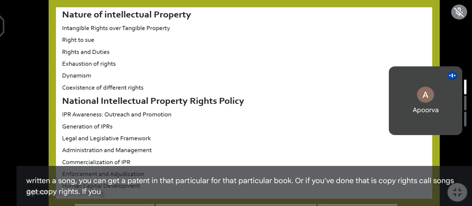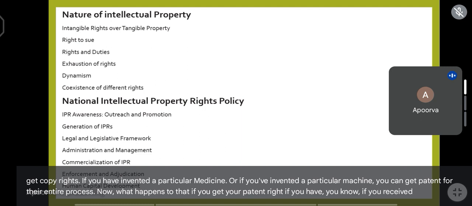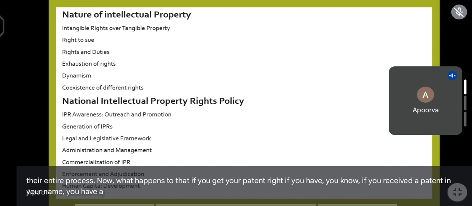If you have invented a particular medicine or a particular machine, you can get a patent for the entire process. Now, what happens if you get your patent right? If you've received a patent in your name, you have a right to sue. Anybody using it without your permission, you have a right to sue that person.